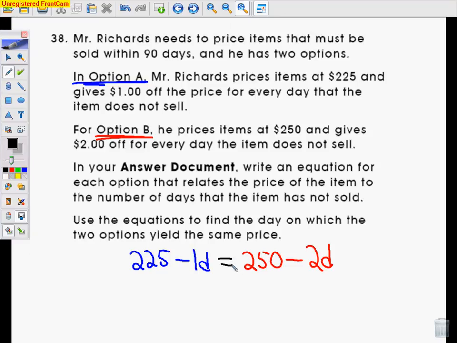First thing that I personally would do here, once again, like this problem is similar to a previous one that we did, I would first notice the variables aren't on the same side. So you need to get the variables on the same side. How do I move this minus 2d over here? Well, the opposite of minus 2d is plus 2d. So you can add 2d to both sides.